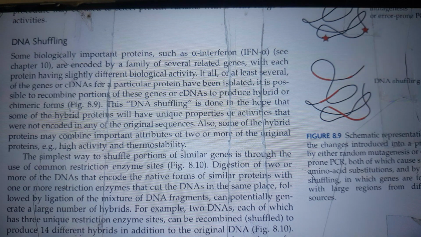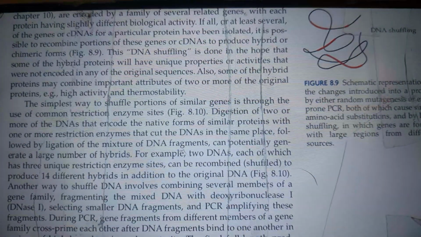If all or at least several of the genes or cDNAs for a particular protein have been isolated, it is possible to recombine portions of these genes or cDNAs to produce hybrid or chimeric forms. This DNA shuffling is done in the hope that some of the hybrid proteins will have unique properties or activities that were not encoded in any of the original sequences.